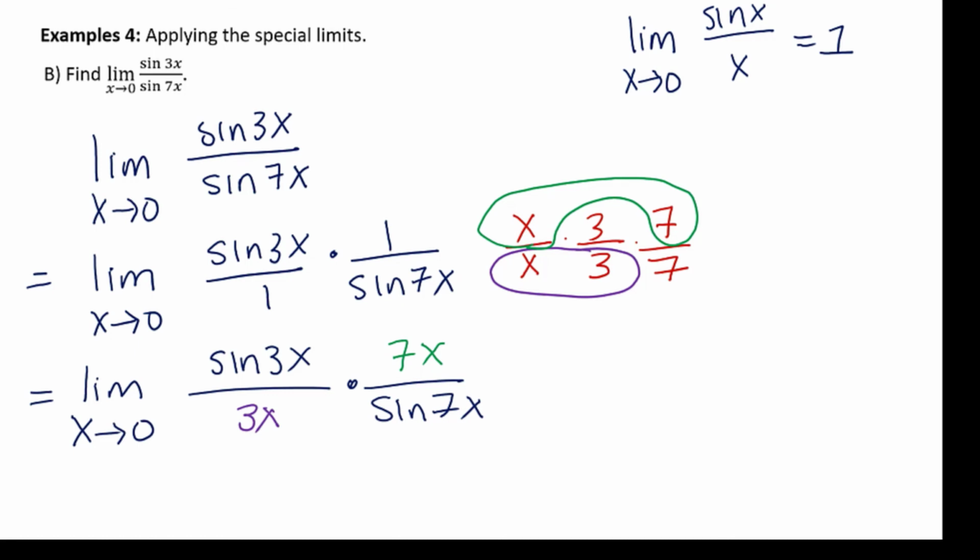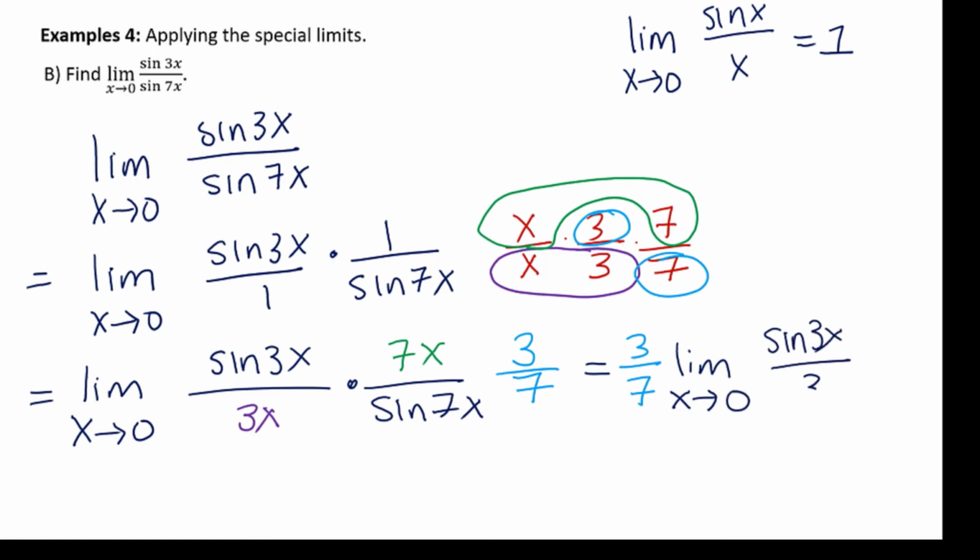And what is now remaining is we have an unaccounted for 3 and a 7. Let's write this out. This would be moving the constant outside of the limit, 3/7 times the limit as x approaches 0 of the sine of 3x over 3x times 7x divided by the sine of 7x, which will give you the 3/7 stays put.